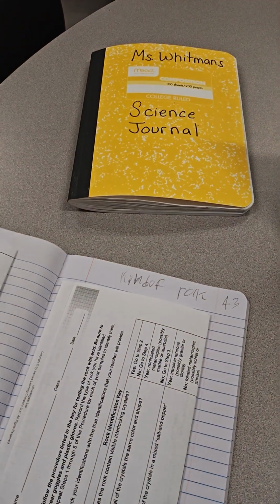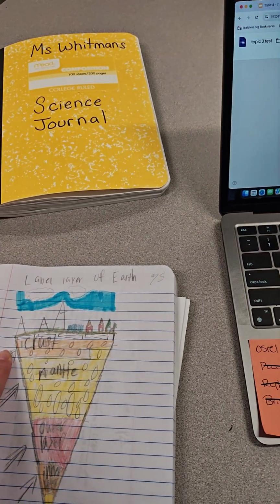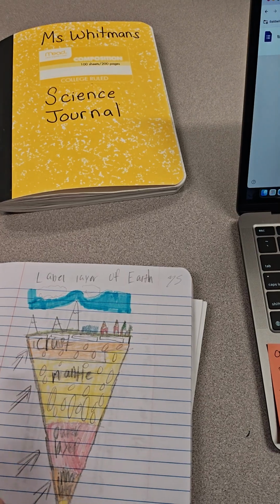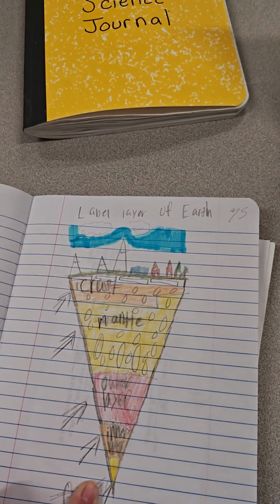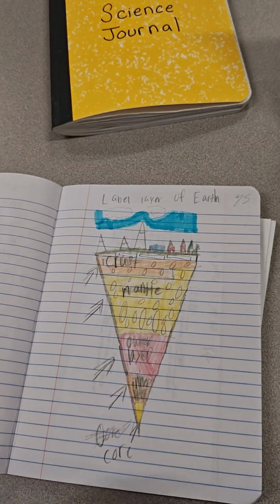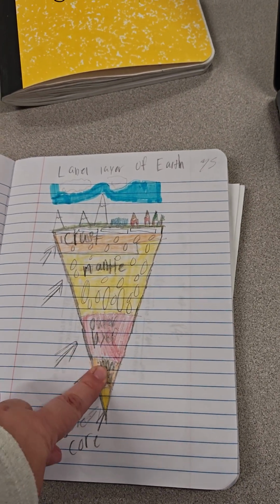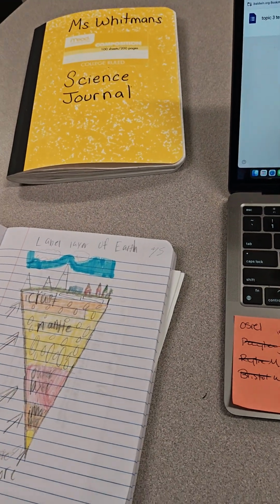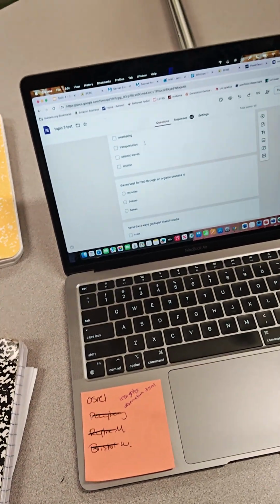But if they're just looking for the outer layer of the earth is the crust, they're not going to find that. They had to tell me which one of these layers was made of iron and is solid, because both of these have iron in them, but this is the only one that's solid. So anyway, they had to be able to apply some of the knowledge. So that is what I did for my formative assessments.